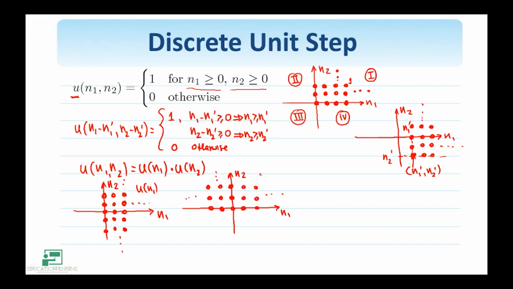So this is u N2. And clearly, if I multiply these two signals, then what I'll end up with is the unit step. So it's going to be non-zero only in the first quadrant.